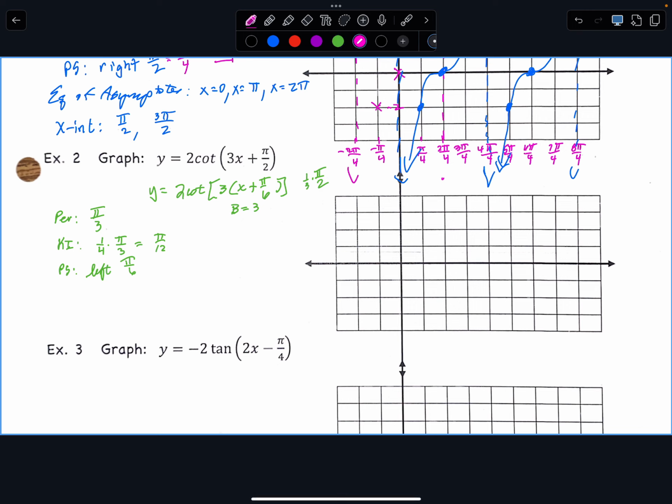And as in the last example, and sine cosine, you want a common denominator between key increments and phase shift, and that would be twelfths, and the phase shift is 2 pi twelfths. And so take a small common unit to that, which is pi twelfths, and that's what we want to grid it out by.